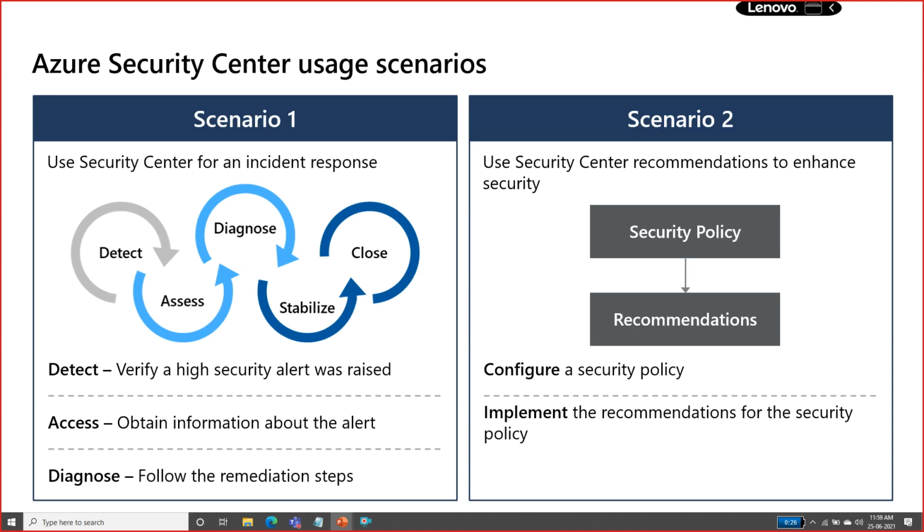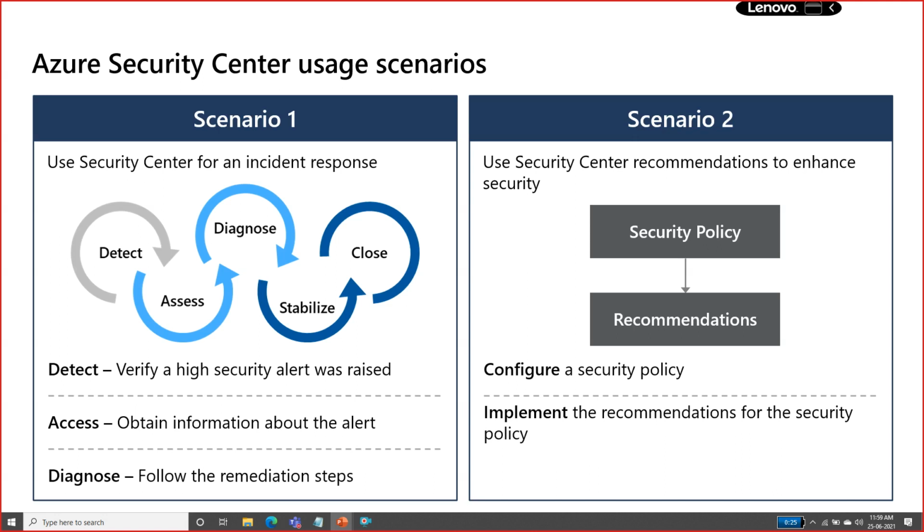Another thing is that you can have a security policy defined. In one case you find some issue and then fix it. The other is a proactive activity: before the issue comes, you can define a policy.